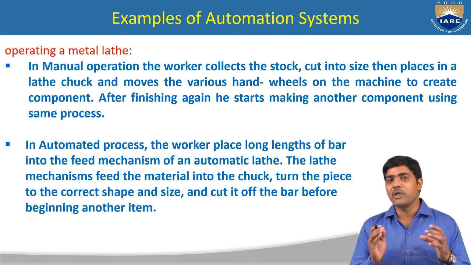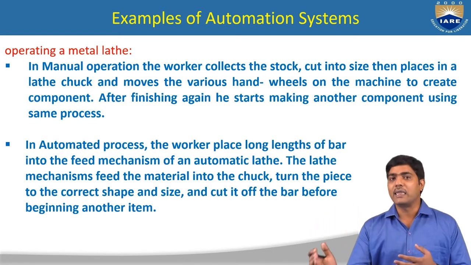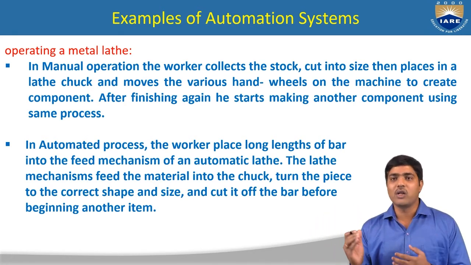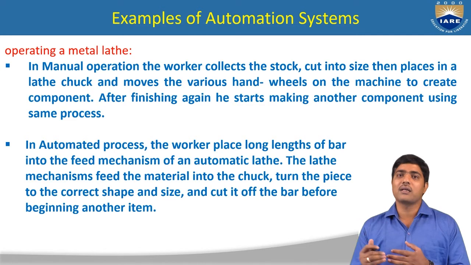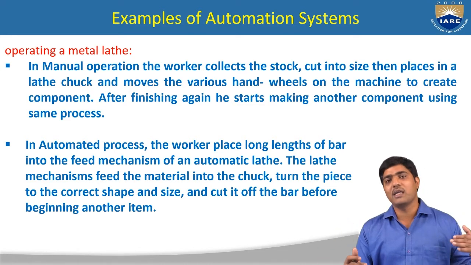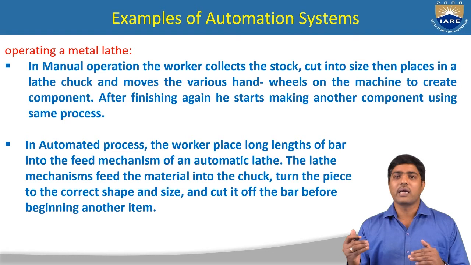That mechanism itself will take the long bar and cut it into small pieces, move them onto the lathe chuck automatically, rotate the wheel automatically, and finally create the component. Once the component is created, the long bar automatically moves from the feed to the lathe chuck again, is cut, and again creates a component.